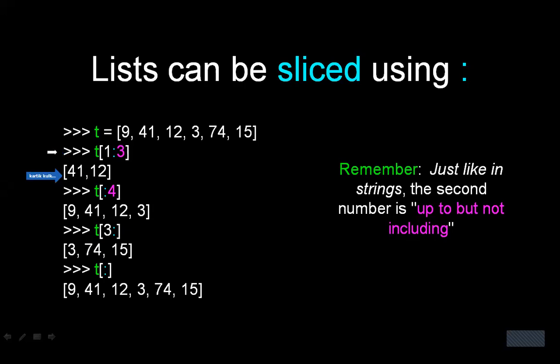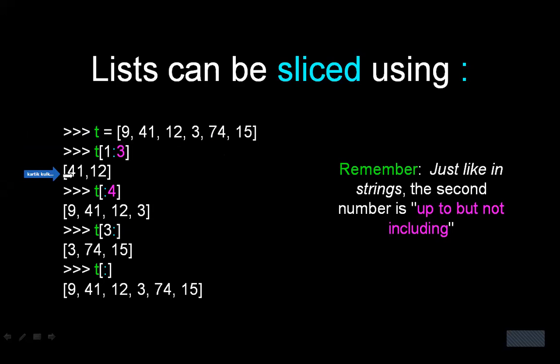The question is, why only 41 comma 12, when there are so many other elements in the list, like 9, 3, 74, and 15?